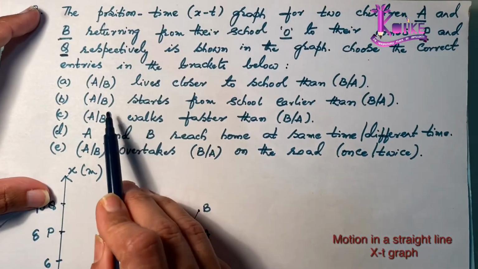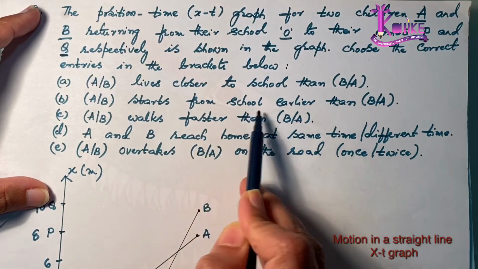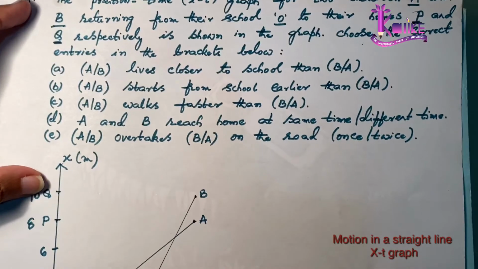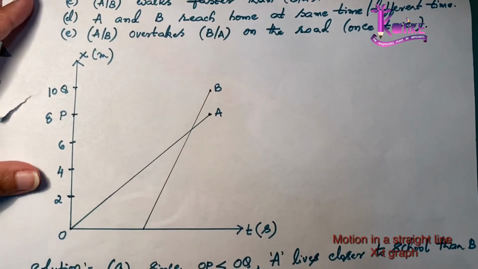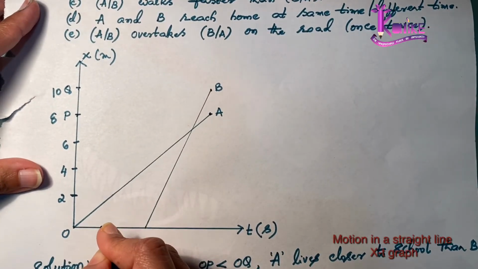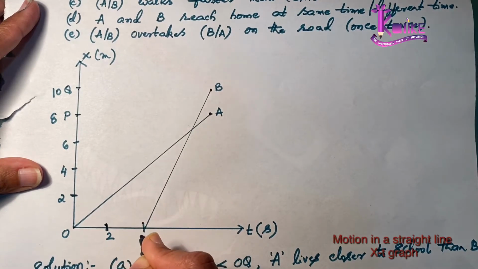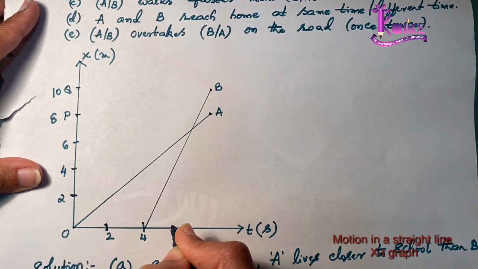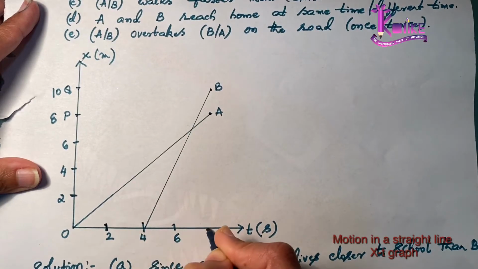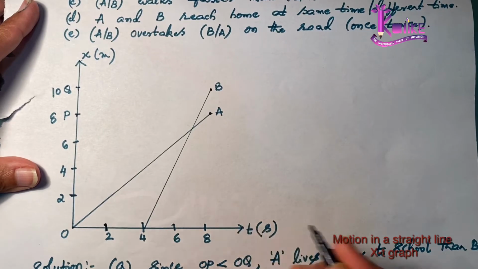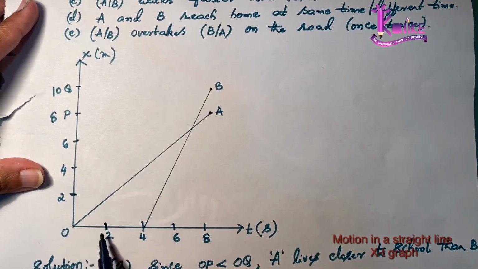Now, let's take up the second one. What's the second question? A/B starts from school earlier than B/A. So, in other words, you have to just find out who actually starts early from school. For that, let me also graduate the time axis. Let us say this is 2, this is 4 seconds, this is 6 seconds, this is 8, and so on and so forth.